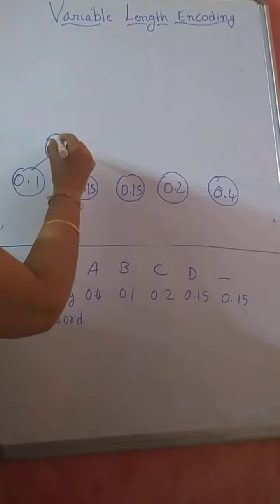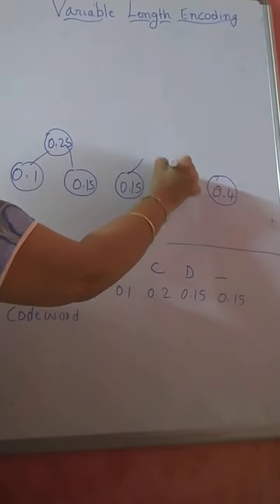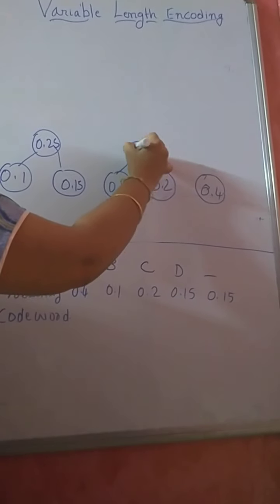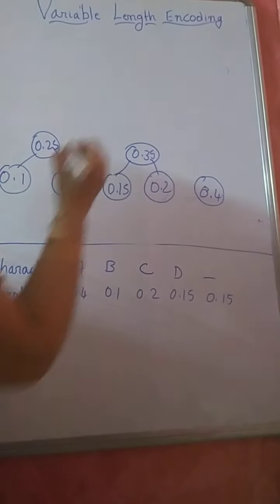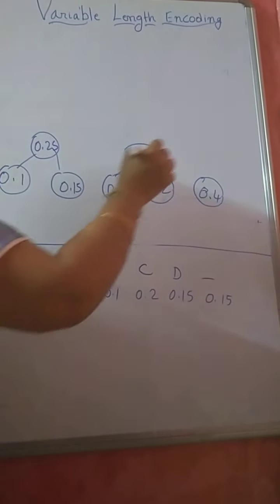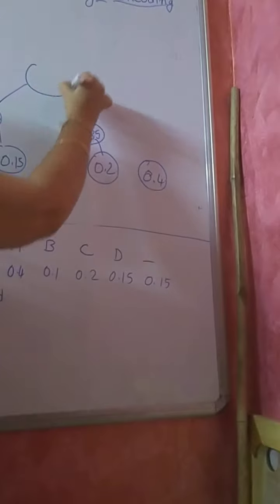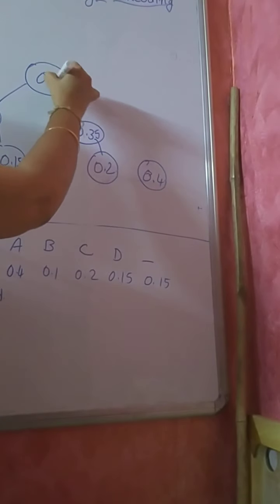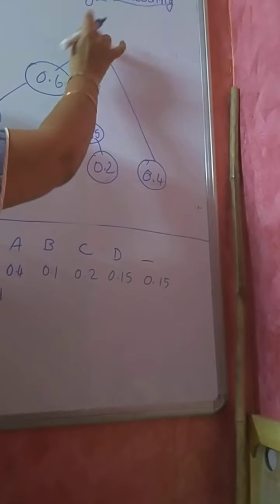Join them. So it is 0.25. Then 0.35. Okay. Then these two, 0.6. Then 0.11.